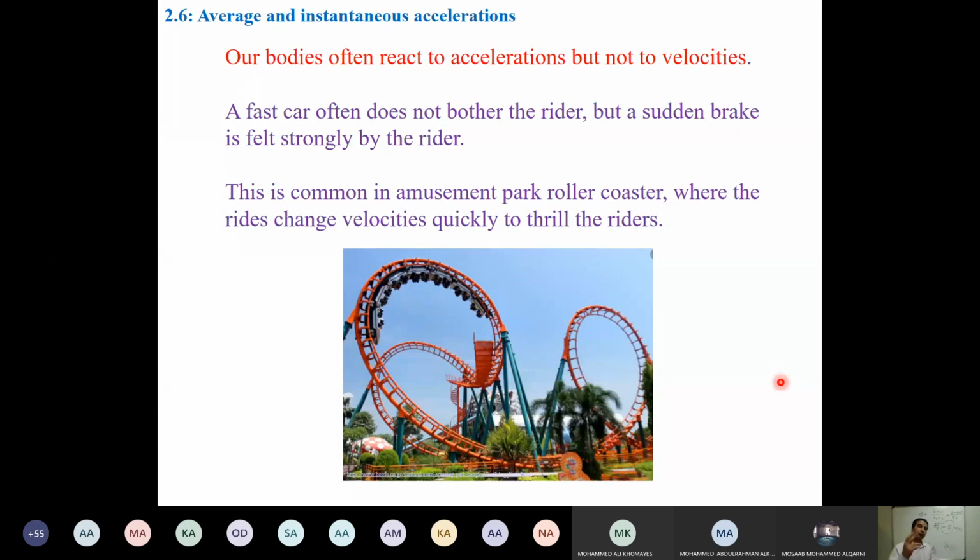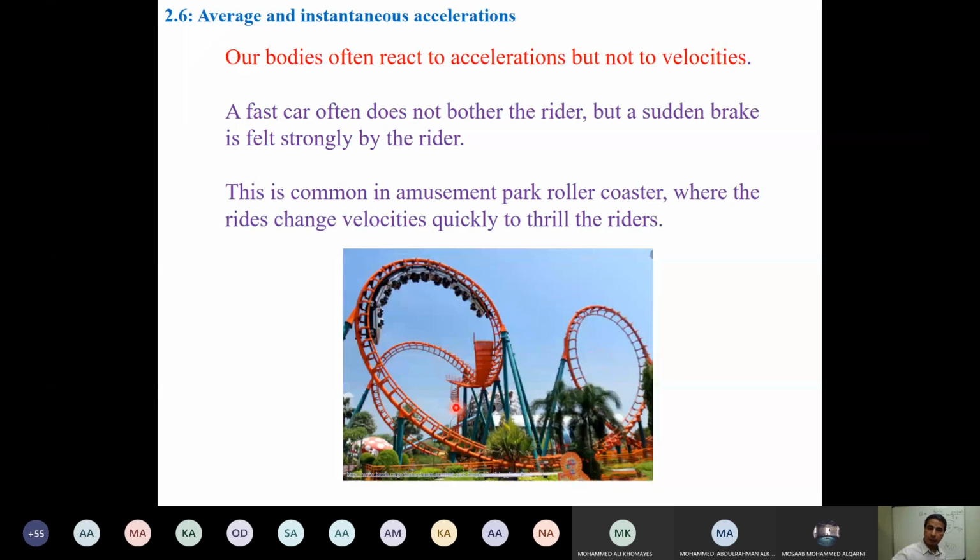But if your friend is going even with 100 kilometers per hour and he's swinging the car, then you will be jiggled, right? And a lot of the time your body can react to that, and then you can either feel good or bad about that. So those are the situations in which, whenever there is an abrupt direction change, there is an acceleration involved, and we will come to this point later.